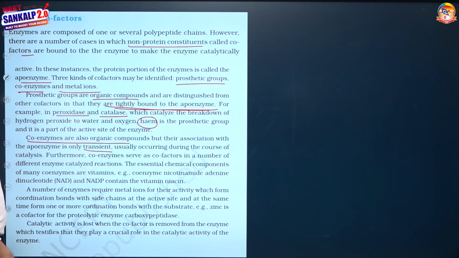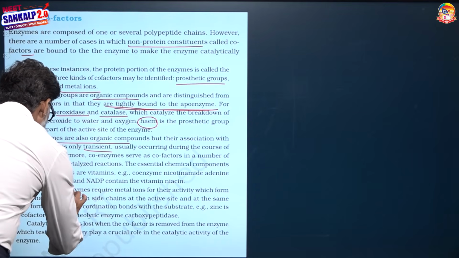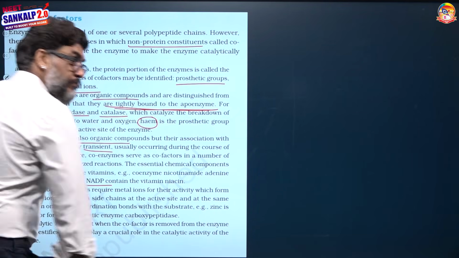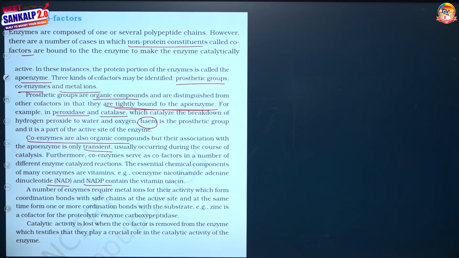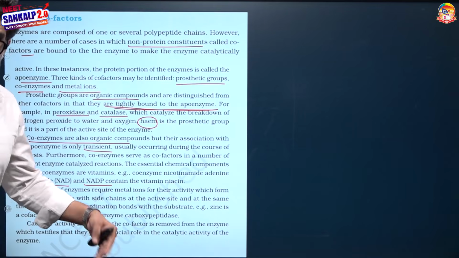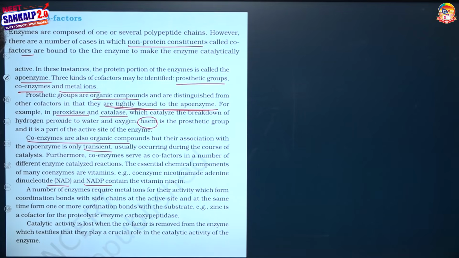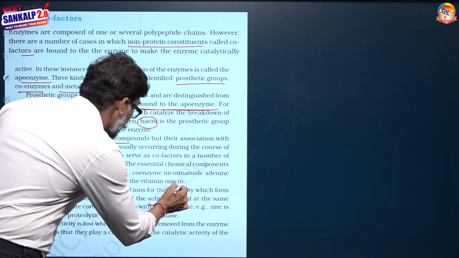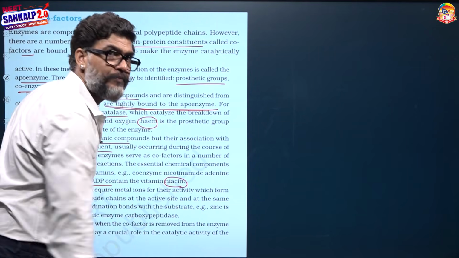Coenzymes serve as a cofactor in a number of different enzymes. Examples are mentioned. NAD, NADP, both are coenzymes. NAD and NADP, coenzymes, are mostly of vitamin origin, meaning they are made up of vitamins. NAD and NADP both are made up of niacin, which is a vitamin.